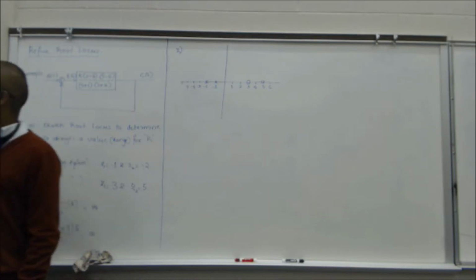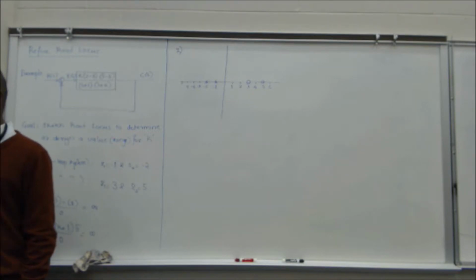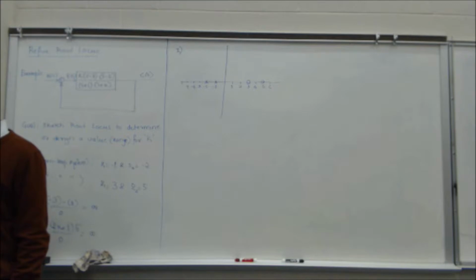So in this example, for example, how many zeros do you see? 1 zero. And how many poles are there? There are 4 poles. It's S into S plus 1 into S plus 2 into S plus 4. 4 poles, okay.